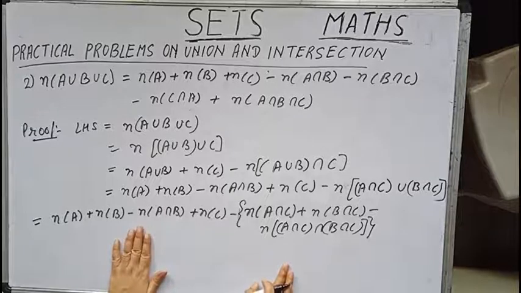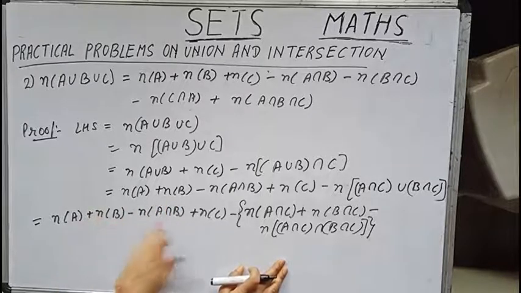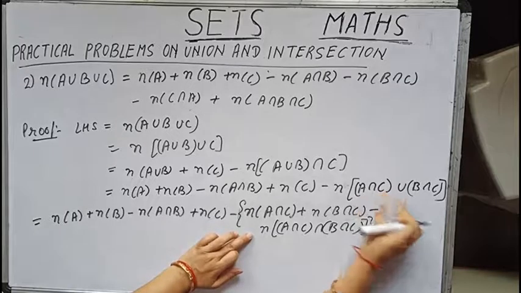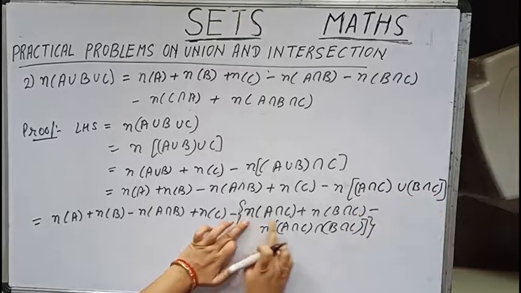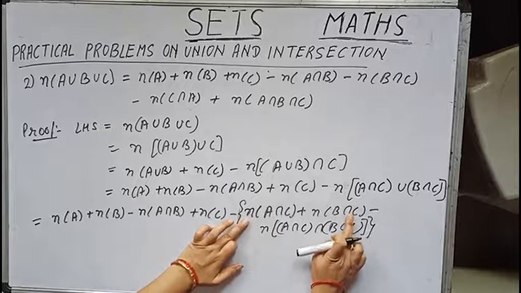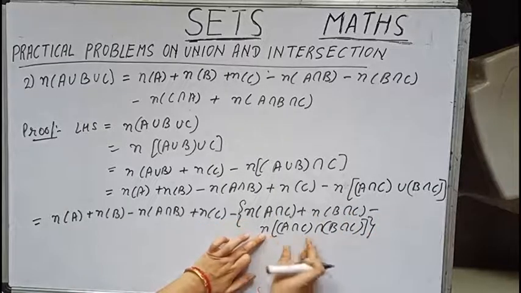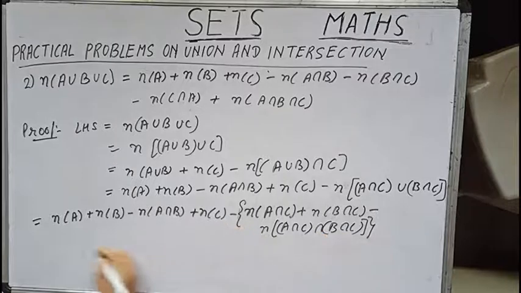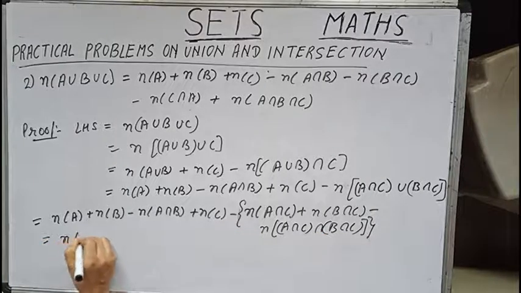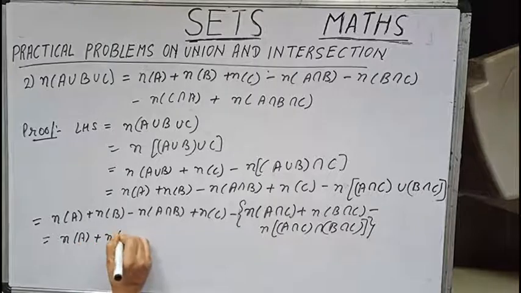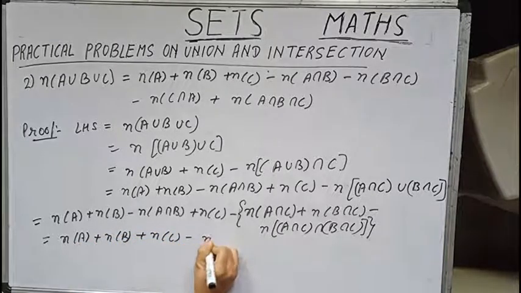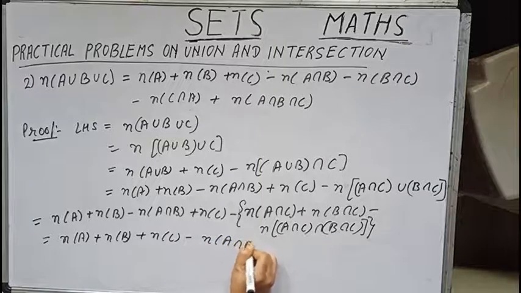Now this step I will explain. This copied, this one copied, this one and this one copied. Now over here suppose this is the first set and this one is the second set. So n of first set plus n of second set minus n of first set intersection second set. Now I think it is clear. So this we can write as n(A) plus n(B) plus n(C) minus n of A intersection B. This bracket is opened over here.